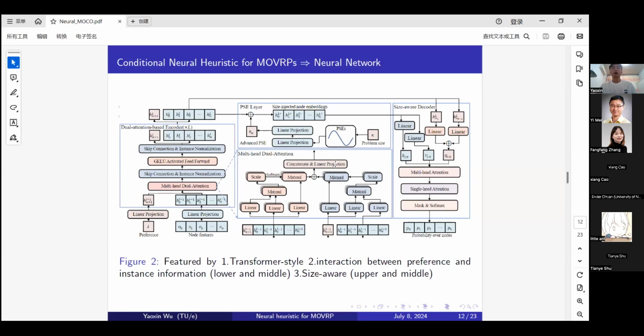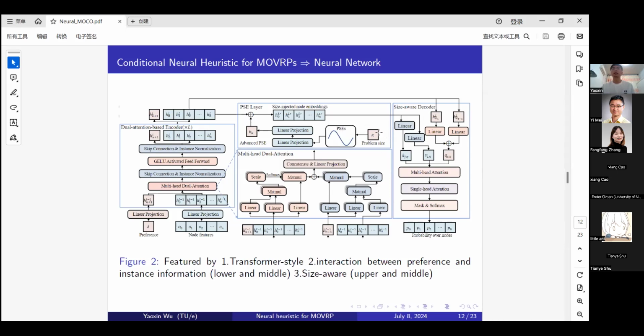And then, except this design, we also add a size embedding, because we want our method to solve different sizes of instances. We don't want our neural network to be trained for one single size and then can only be used to solve this single size. We want it to be used to solve a group of problems with different sizes.